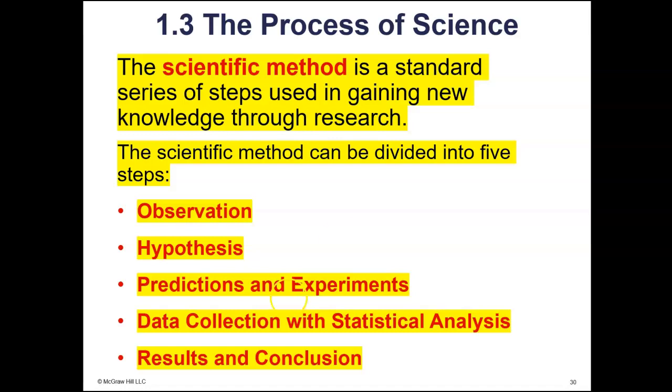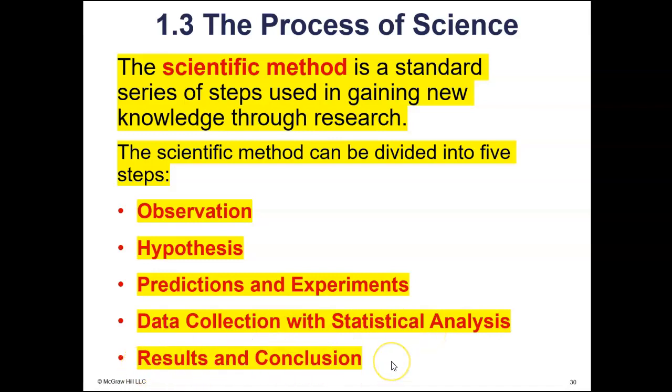There are 5 main steps of the scientific method, starting with observation, then formulating a hypothesis, designing an experiment, conducting the experiment, making predictions on the outcome of the experiment, collecting data with statistical analysis.